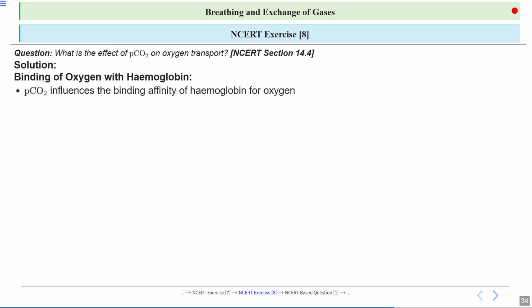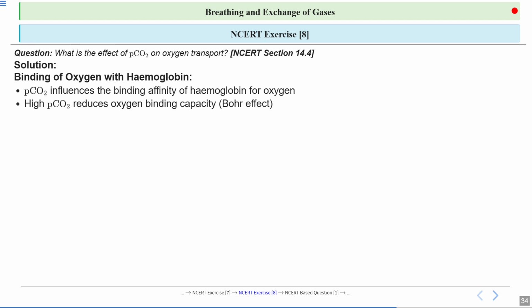If you compare carbon dioxide and oxygen affinity with the hemoglobin, which is more? Carbon dioxide is more efficient at combining with the hemoglobin. Very important point. It has the capacity to combine with hemoglobin more as compared to oxygen, right? So high PCO2 reduces oxygen binding capacity.